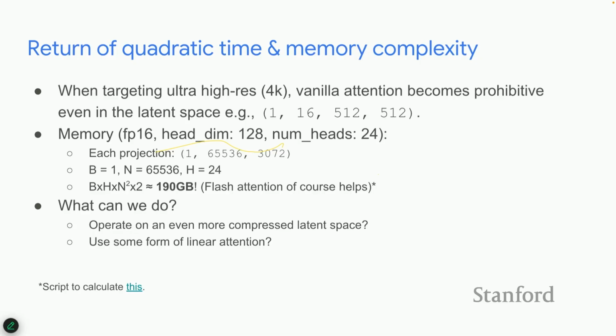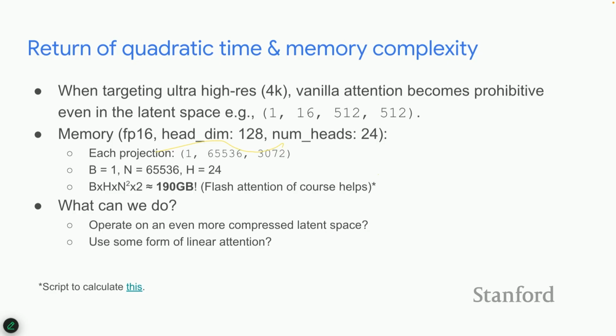I'm going to start this leg of the talk by discussing the quadratic time and memory complexity argument a bit, because now we are in the image generation territory, and when you are trying to generate really high resolution images like 4K images, vanilla attention becomes extremely prohibitive even if you were to operate on the latent space.